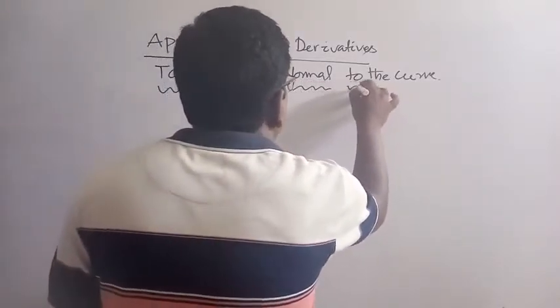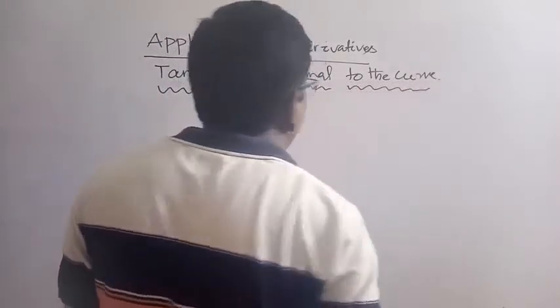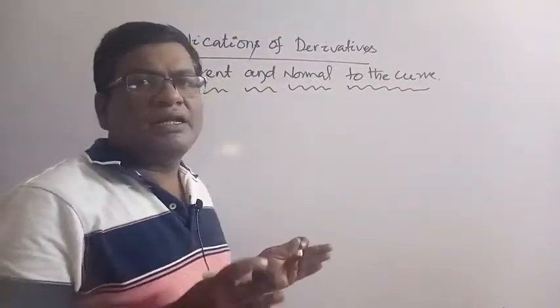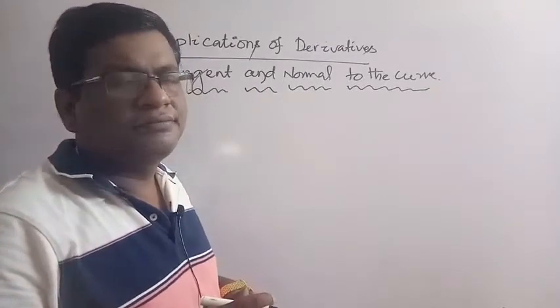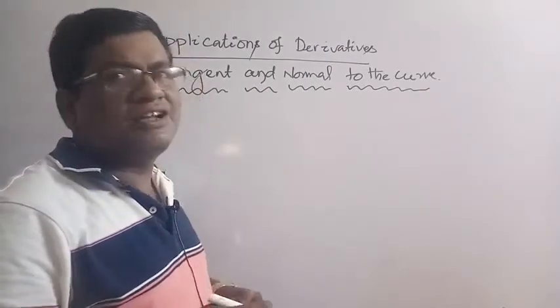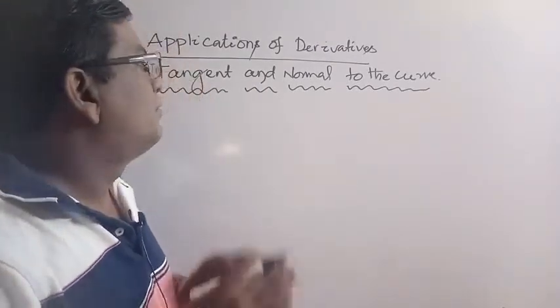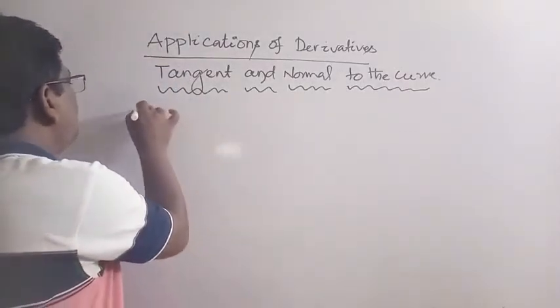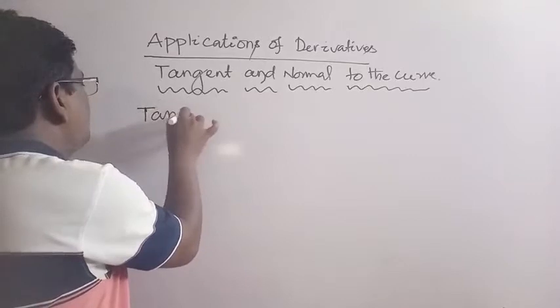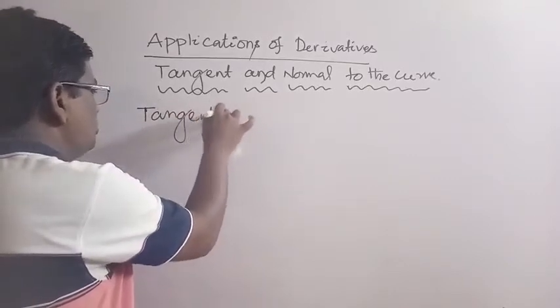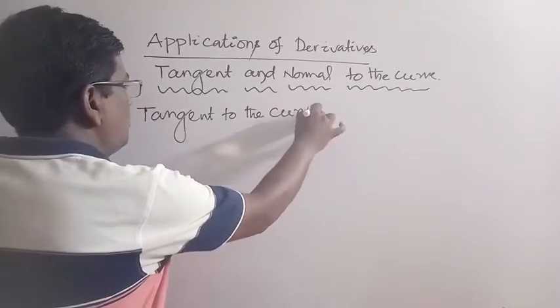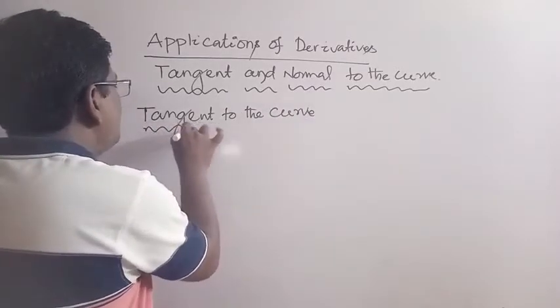In this video we will discuss the fundamental concept of tangent and normal to the curve. First, we will discuss tangent to the curve. What do you mean by tangent to the curve?